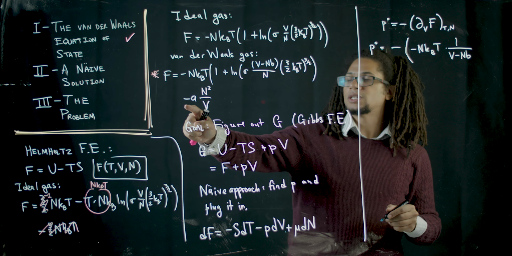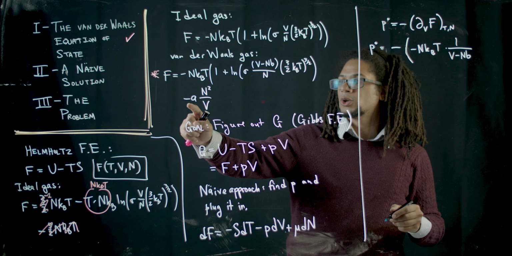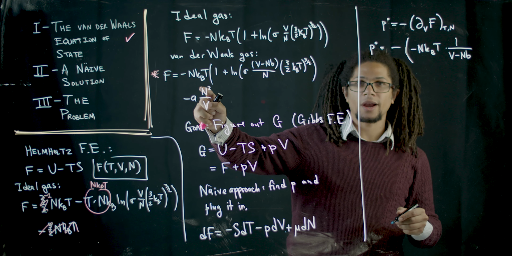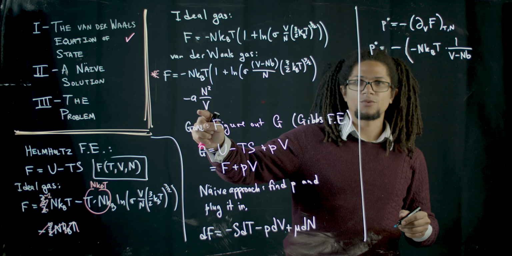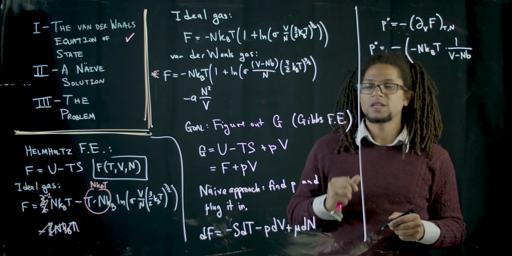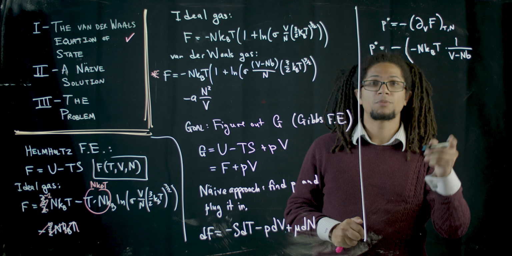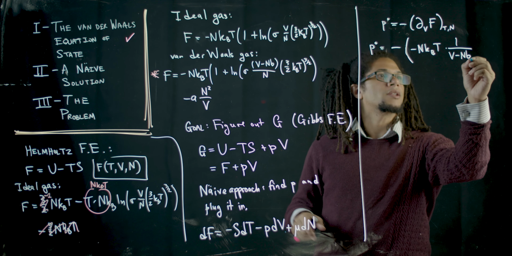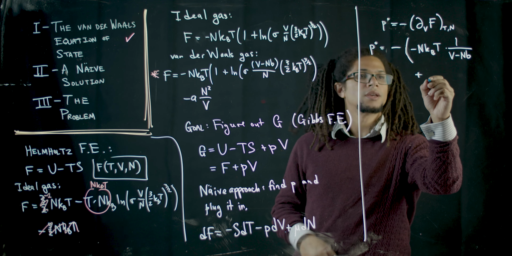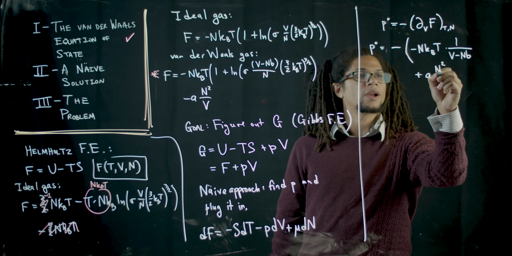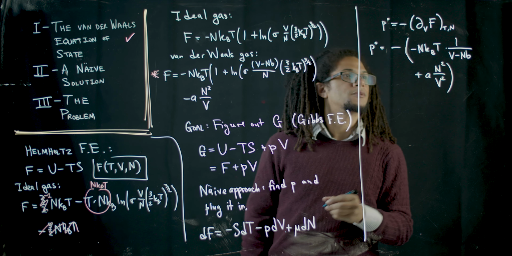Then we'll need to take into account this term. So here we have a N squared V to the negative 1. If we take a V derivative of V to the minus 1, we'll get V to the minus 2, but also a net minus sign. So we'll get plus a N squared over V squared.